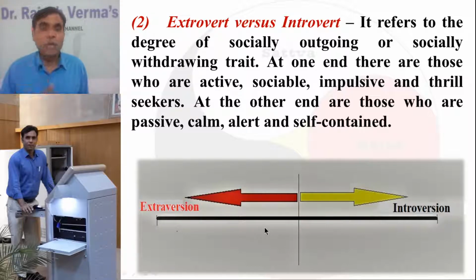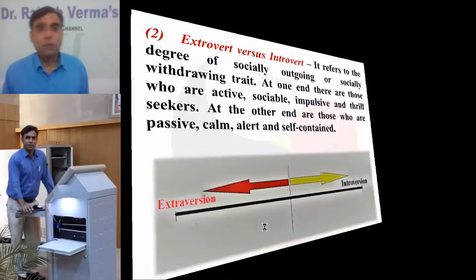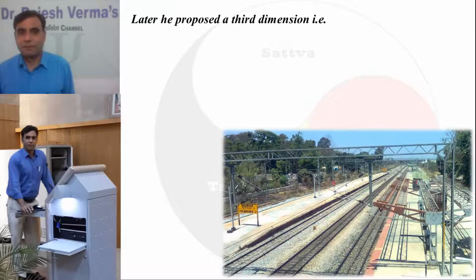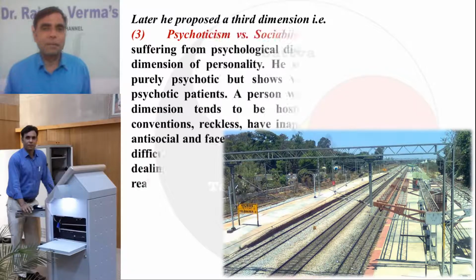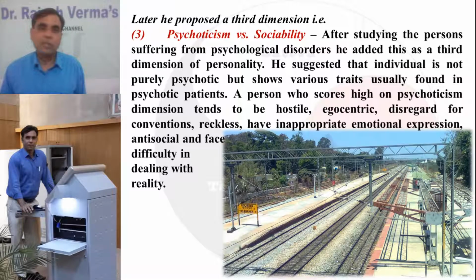So these are the two dimensions Eysenck suggested: neuroticism versus emotional stability, and extrovert versus introvert. But he revised, as I told you, his trait theory, and later he proposed one more dimension that we call the third dimension. The basis of the third dimension was that he studied various people who were suffering from psychological disorders.